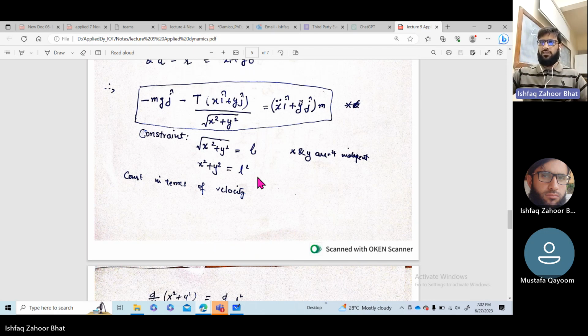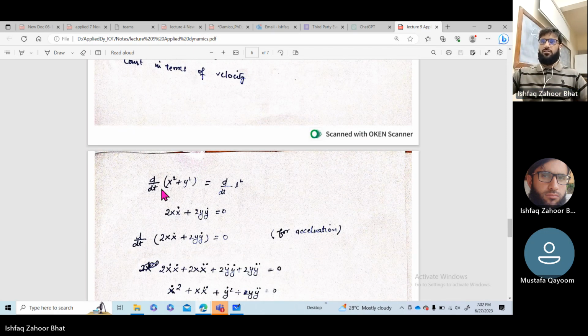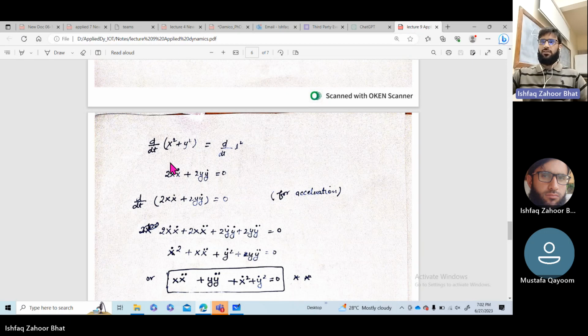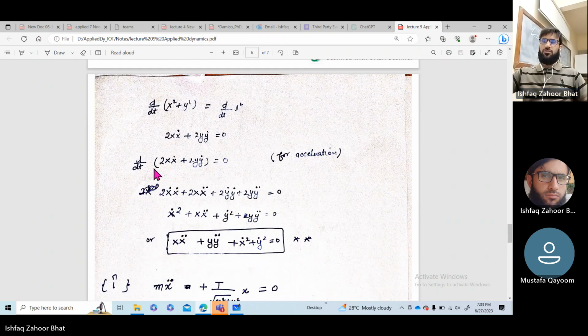So we differentiate this. We get d by dt of x square plus y square is equal to d by dt of L square. Differentiating, we get 2x x dot, using the chain rule: differentiate this, that is 2x, and then x dot. Similarly for y, and this is equal to 0. Again differentiate this using the UV rule.